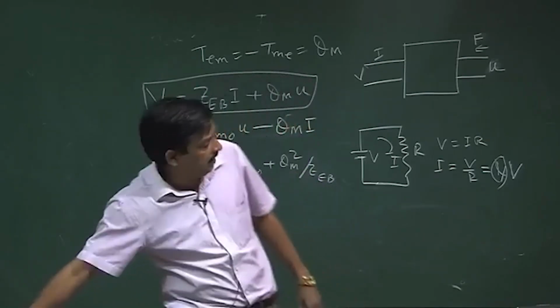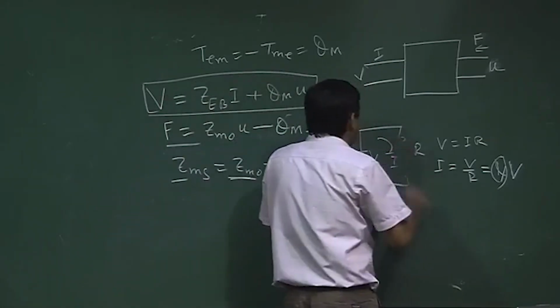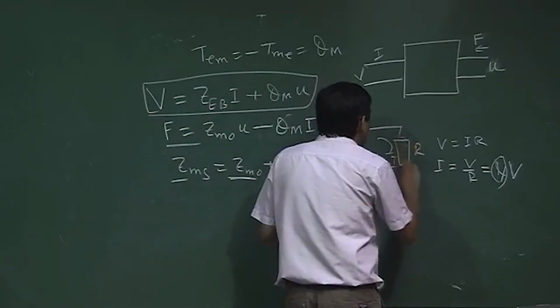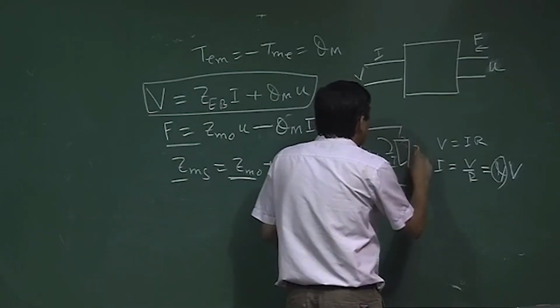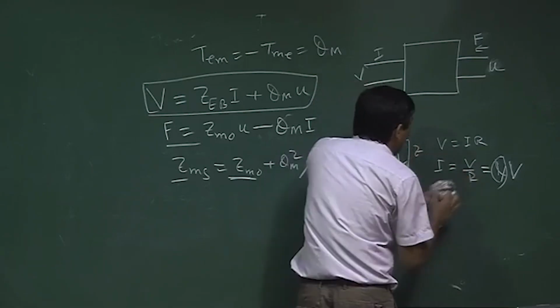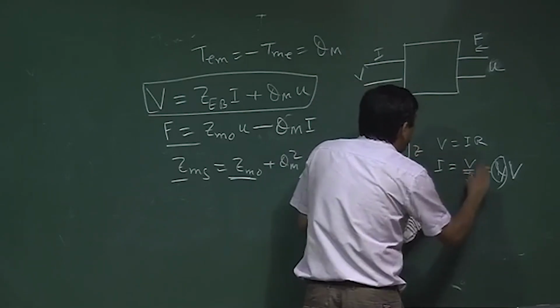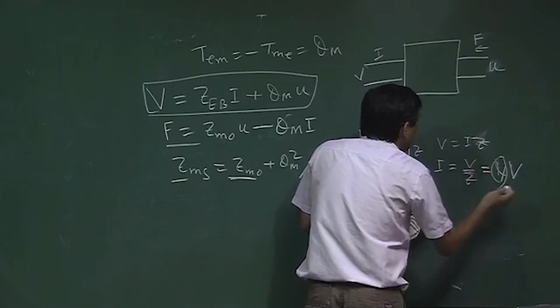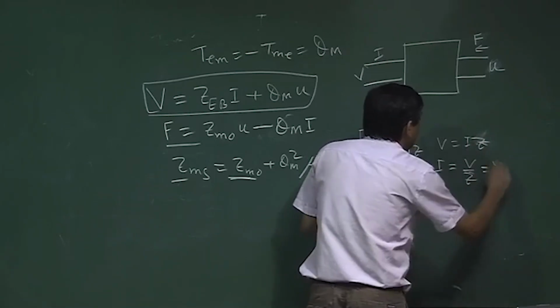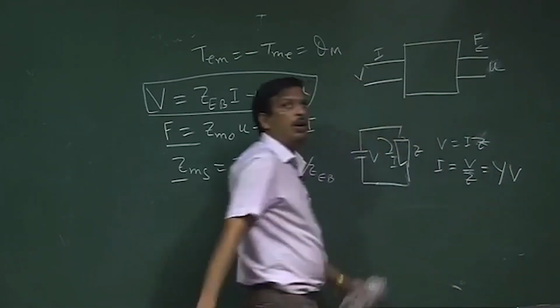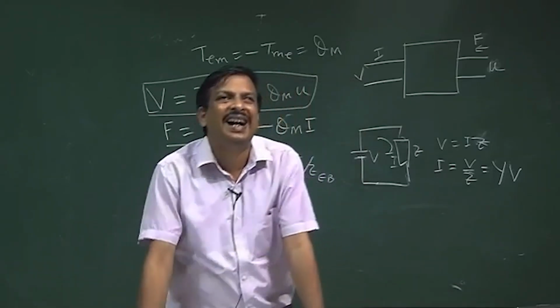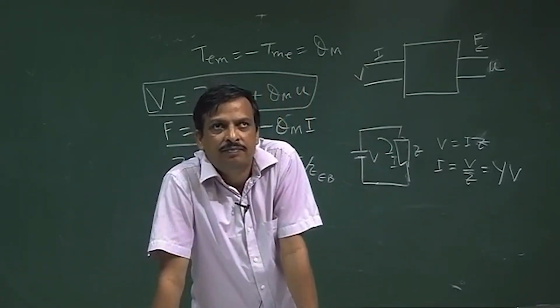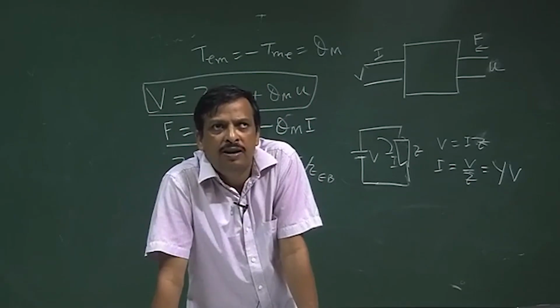If I write a mechanical impedance Z as a box, this is the load Z. So, it is 1 by Z, represented by Y, where Y is called admittance.